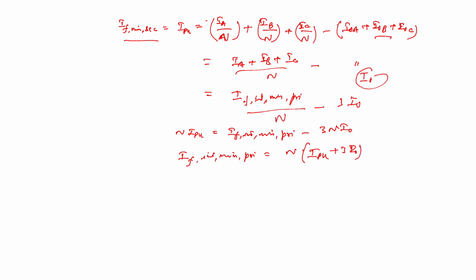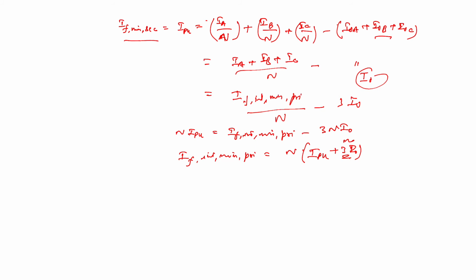So here, it means 3 feeders terminating on the bus. For the general case of N feeders terminating on a busbar, the minimum internal fault current that can be detected by the high impedance busbar differential scheme is given by replacing 3 by N, and that is the final expression we get.